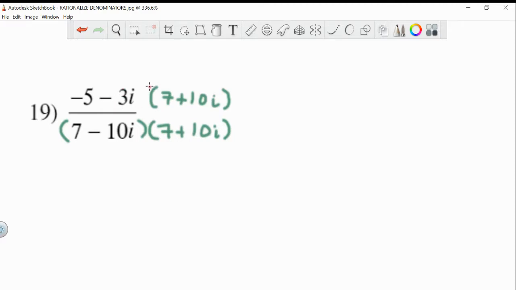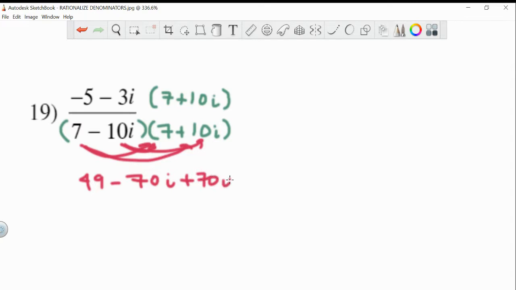We don't care about the top. We just want the denominator to have no i's in it. We can't fix them both at the same time. We're just going to fix the bottom, leave the top alone. So, handling this, 49 minus 70i plus 70i minus 100i squared.